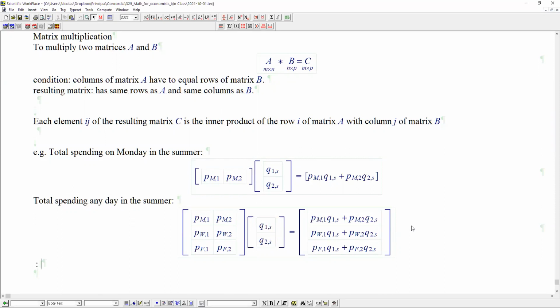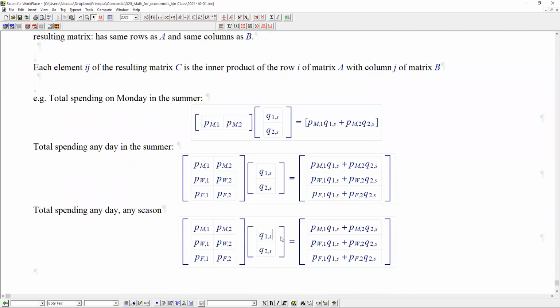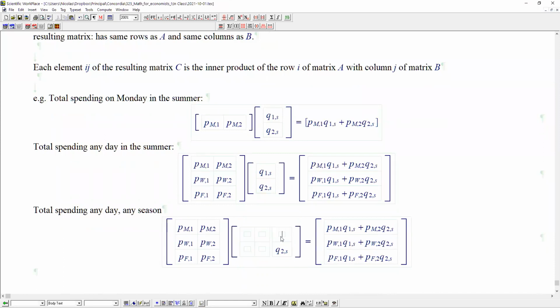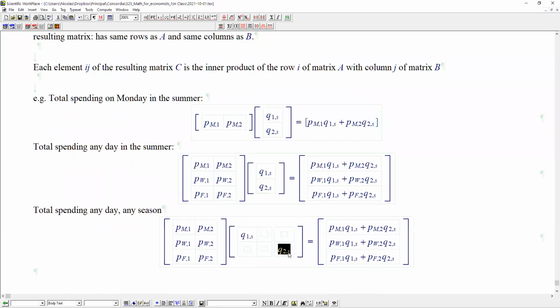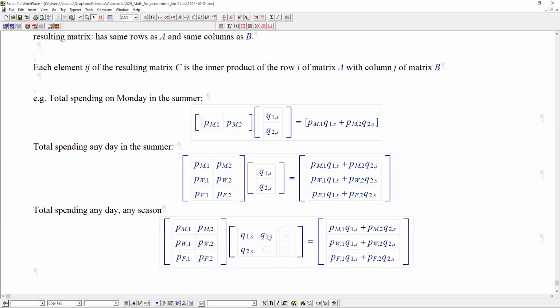And then lastly, what I can do is total spending any day, any season. What do I do? I just add my winter quantities: Q1S, Q2S, Q1W, Q2W.